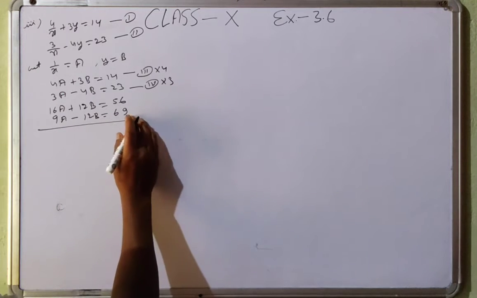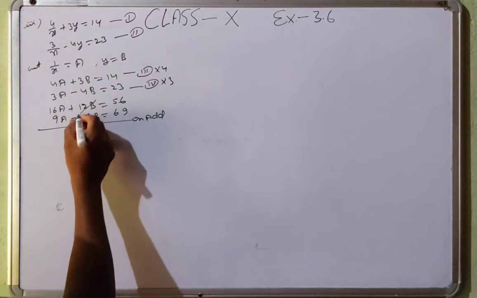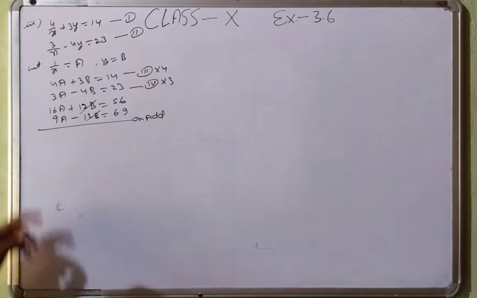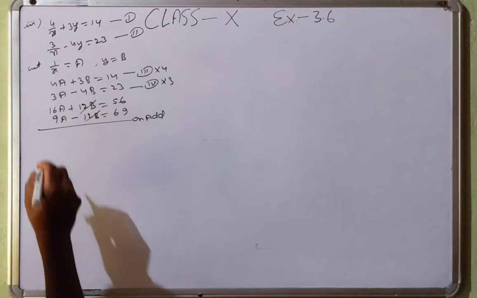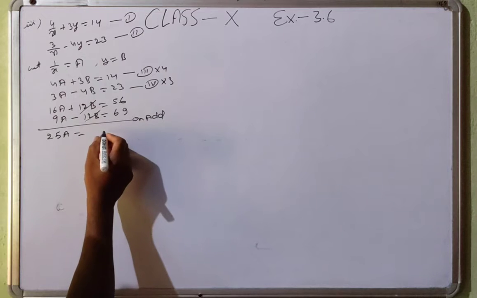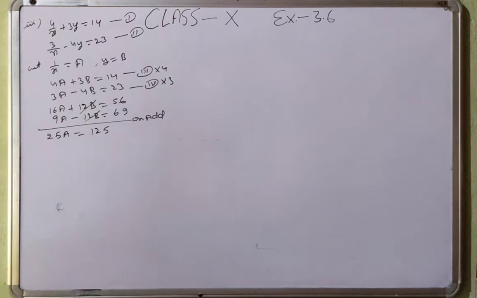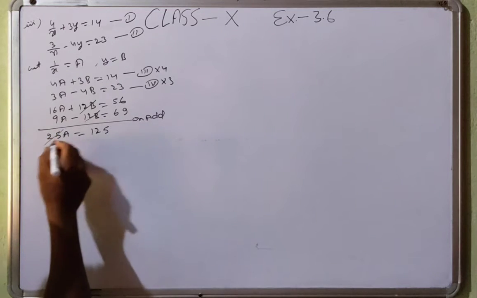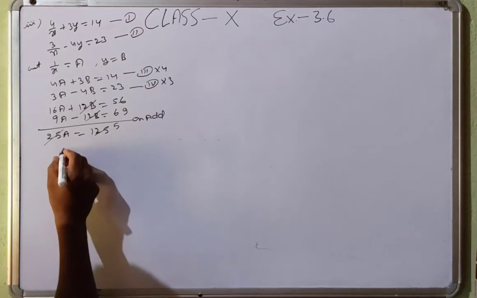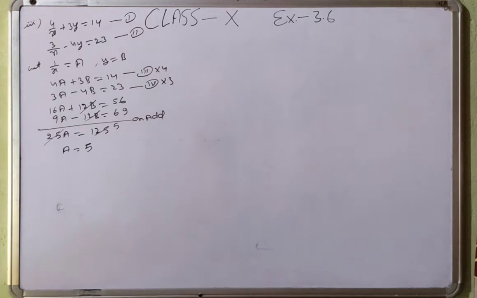We add, because the sign is already changed here for cancelling. So 16 plus 9, 25a is equal to, that will be 56 plus 69, 125. By cancelling, that will be 5. So a is equal to 5.